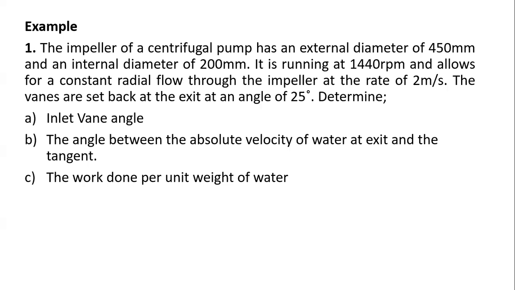Vanes are curved back at exit with an angle of 25 degrees. Then we need to determine the inlet vane angle, the angle between the absolute velocity of water and the exit, and also the work done per unit weight of water. Those are the parameters we need to calculate.